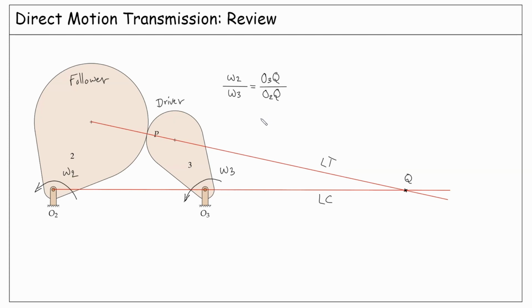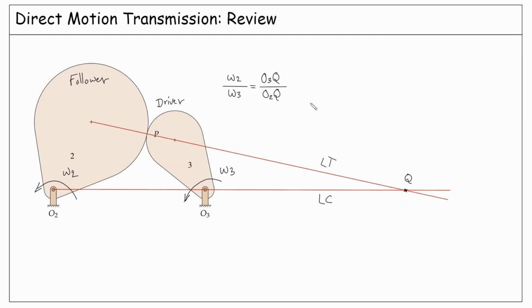We will later see that this point Q is called an instantaneous center because it constantly changes during the motion of the system and might be valid only for an instant, meaning that in the next instant it might be somewhere else.